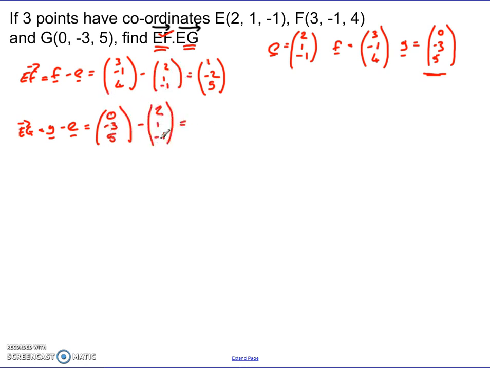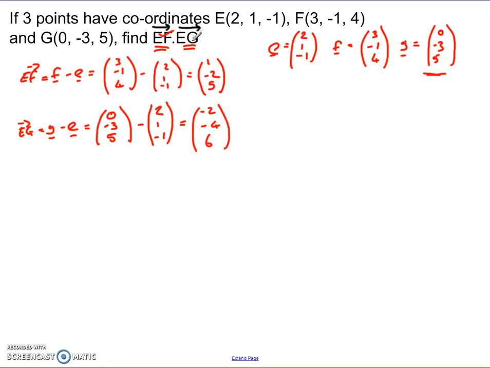So then just do each individual part on its own, similarly to this, and we get our vector. So 0 minus 2 gives me negative 2, negative 3 take away 1 gives me negative 4, and 5 minus minus 1, well again, minus minus becomes a plus, 5 plus 1 gives me 6. So there you go, there's your vector E to G.